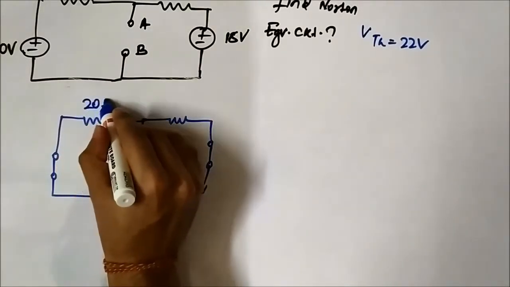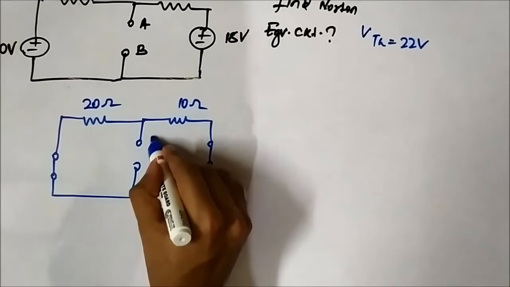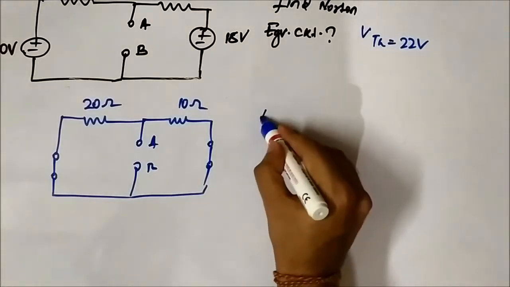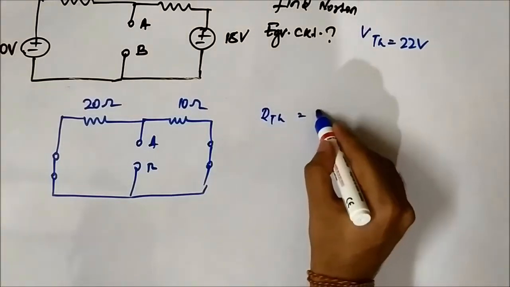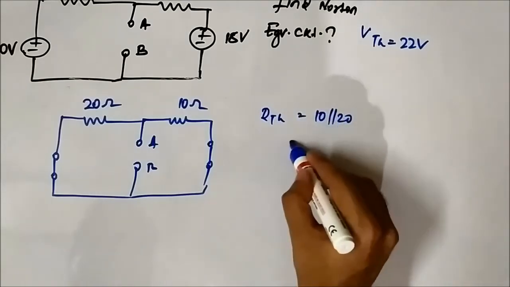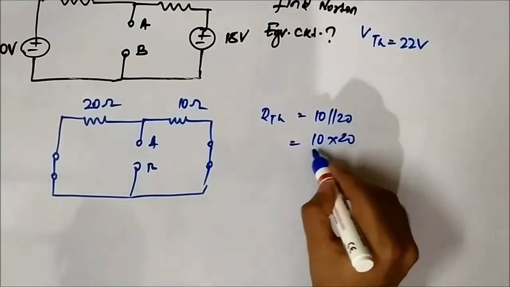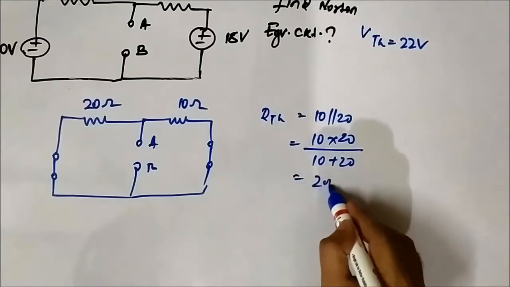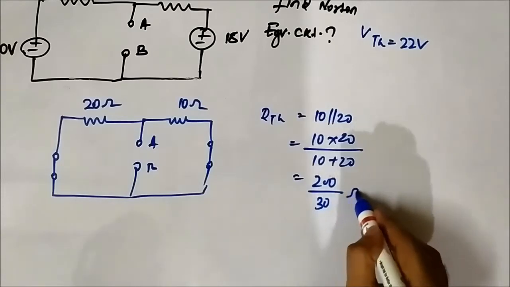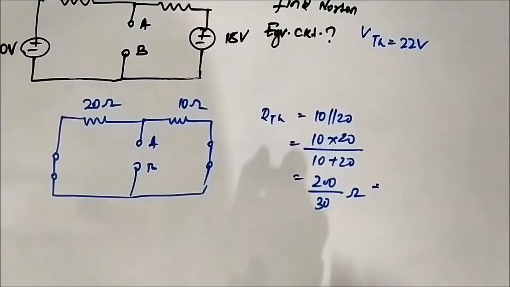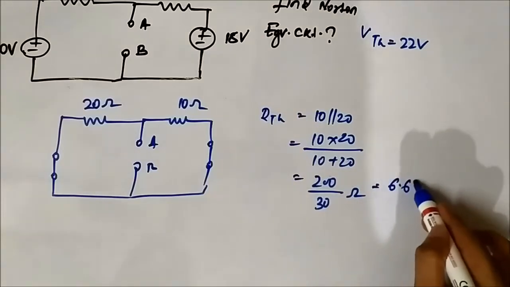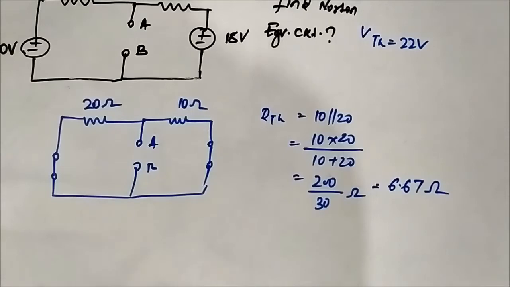This is 20 ohm and 10 ohm across A and B. So 20 ohm and 10 ohm are in parallel connection. So RTH will be 10 parallel 20, that is 10 into 20 by 10 plus 20, that is 200 by 30 ohm, which is around 6.67 ohm. That is RTH.